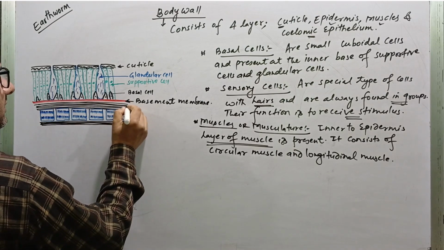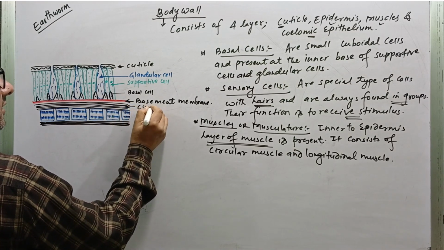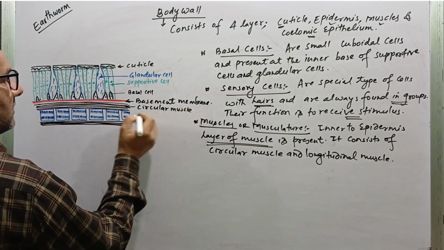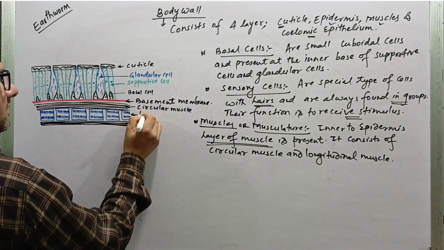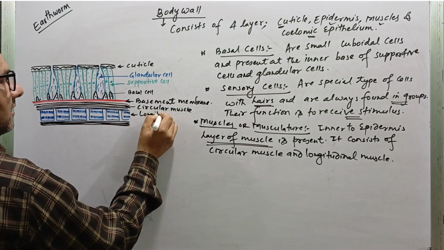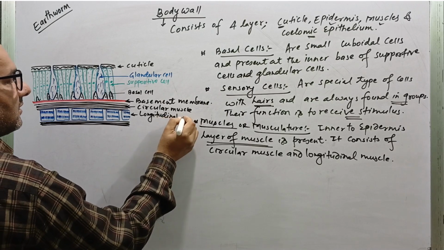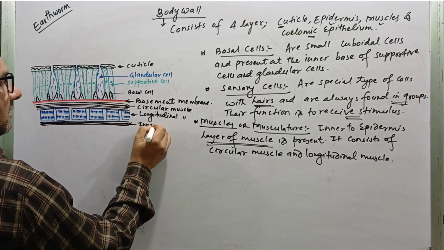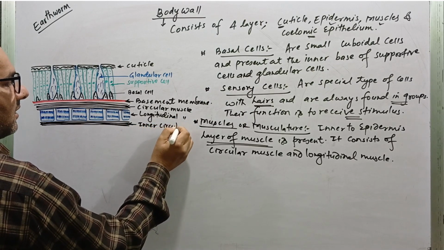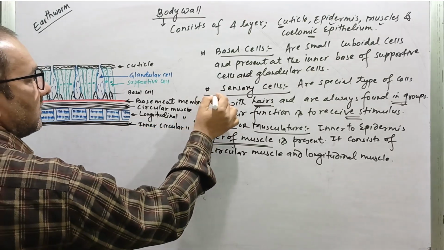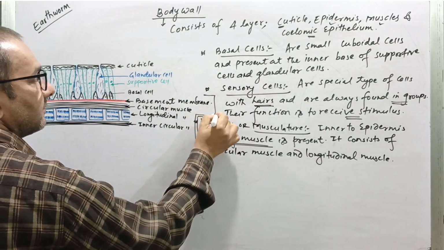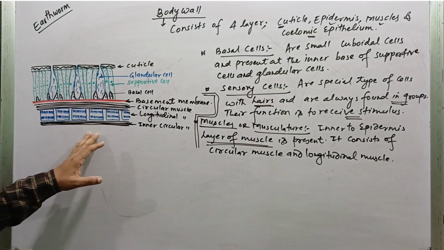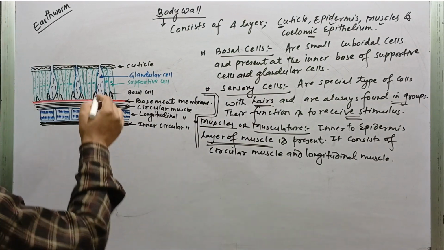This one is circular muscle, this one is longitudinal muscle, and the inner one is inner circular muscle. So, the layer of muscle is present inner to the epidermis.